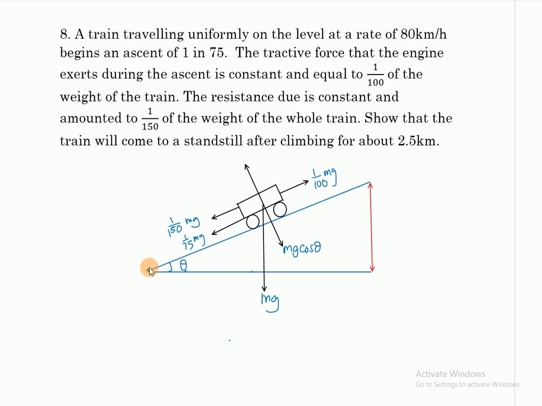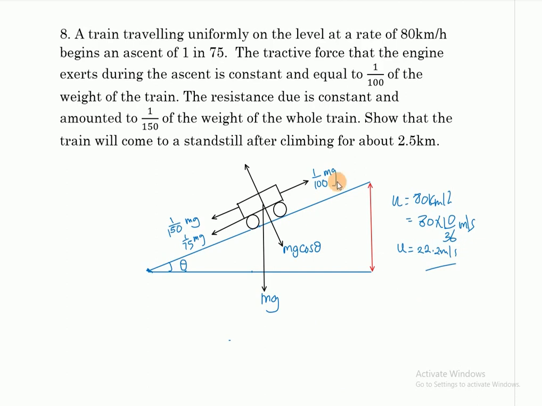So we are going to assume that the initial speed along the incline, which we have as u, is going to be 80 km/h. This can be written as 80 times 10 over 36, in meters per second. So if you work out u, we are going to get 22.2 meters per second. That is the initial velocity.